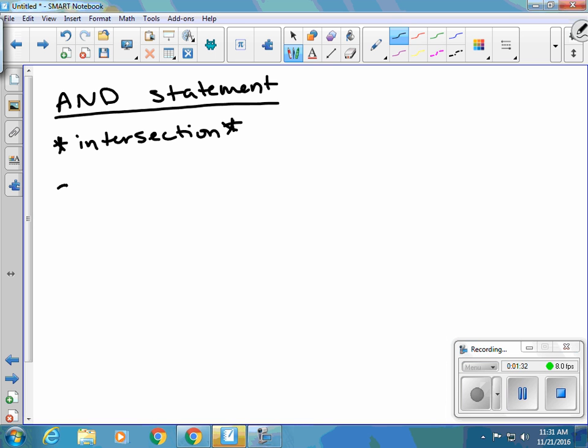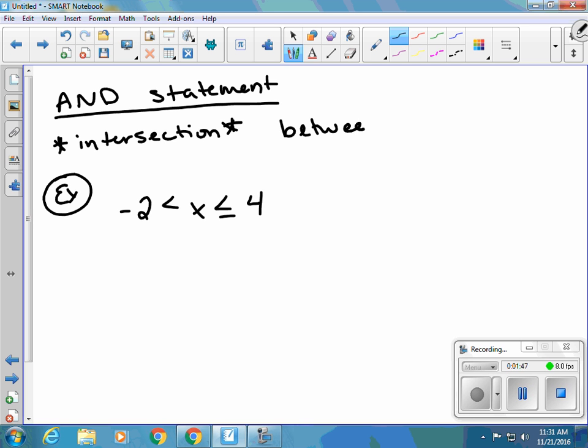So for example, I could have -2 is less than x, which is less than or equal to 4. This is an and statement because it's an intersection. This is what lies between, is a common word you will see.